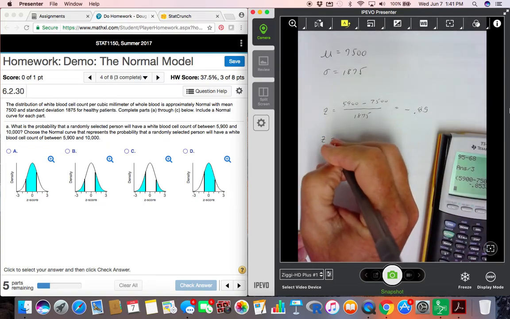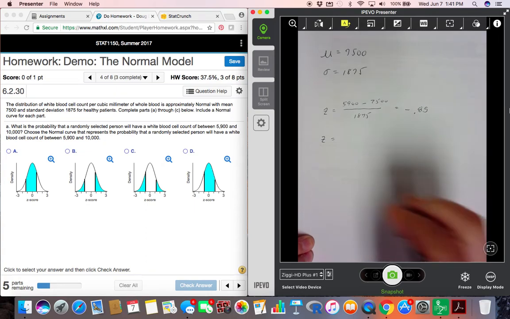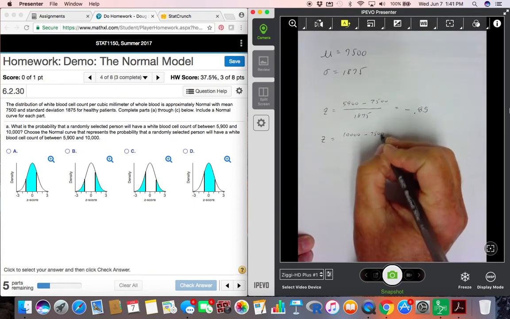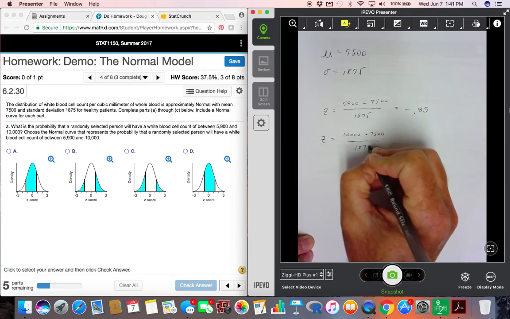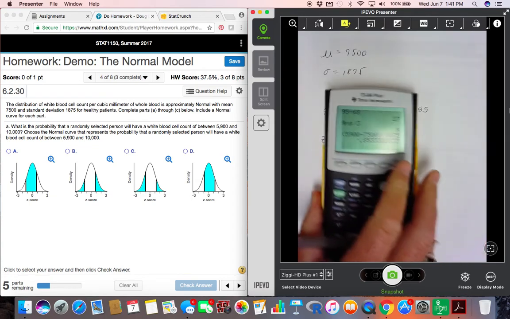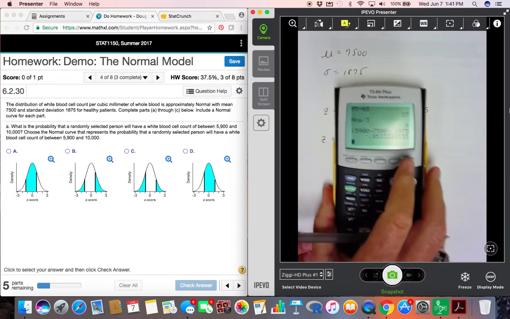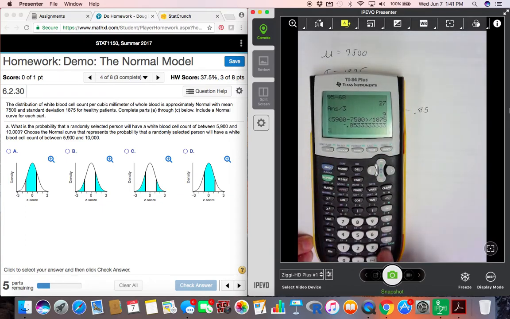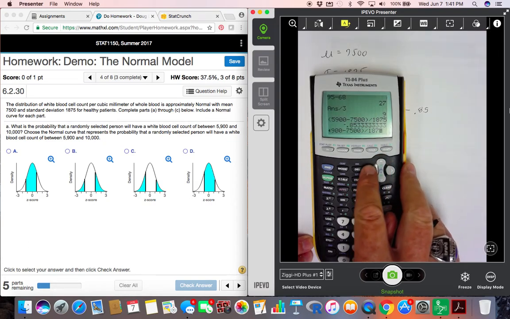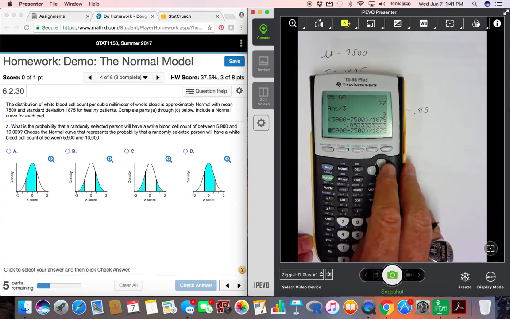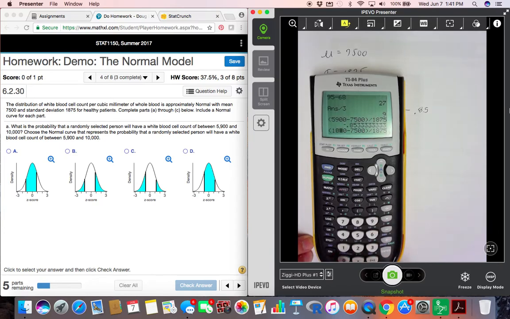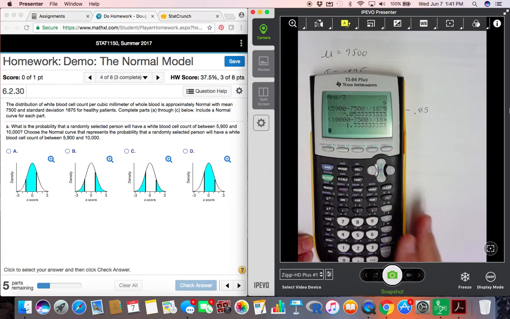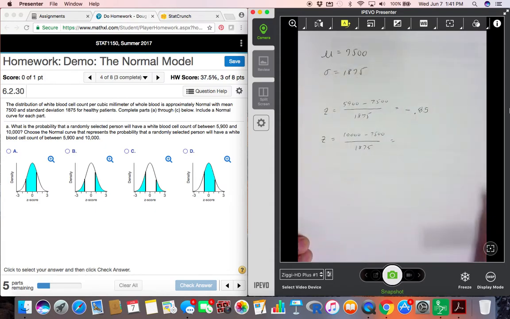And then we want to do the z-score for the other end, which is 10,000. And that's 1.33.